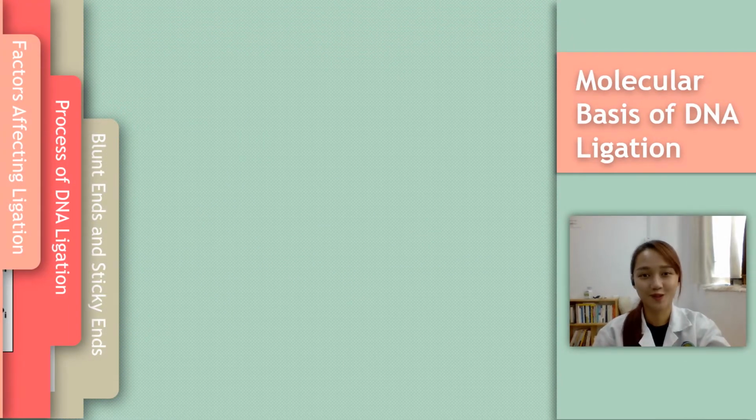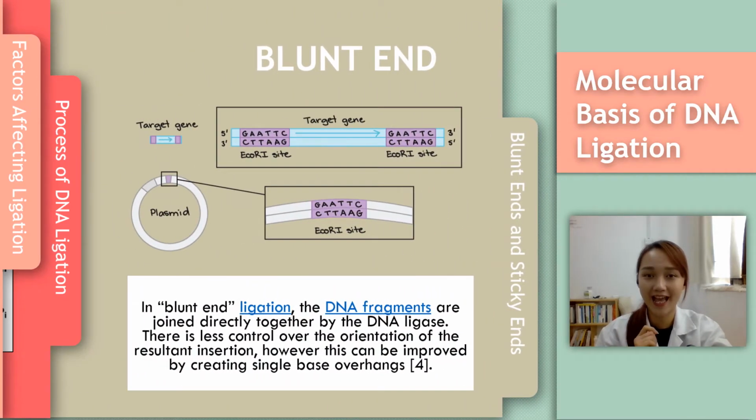Before we go to the process of DNA ligation, let me talk about some principles of DNA ligation that we have to understand. The first one is blunt ends. Blunt end is when both of the DNA strands are cut at the same position and no nucleotides are left unpaired at the end of the DNA strand.